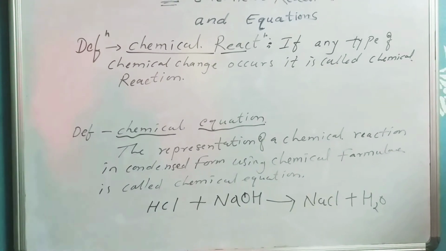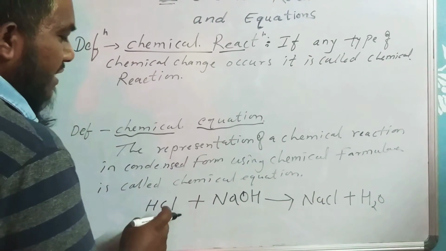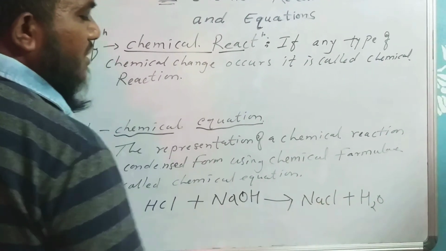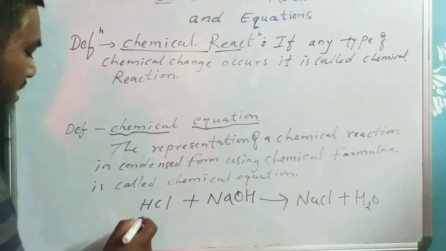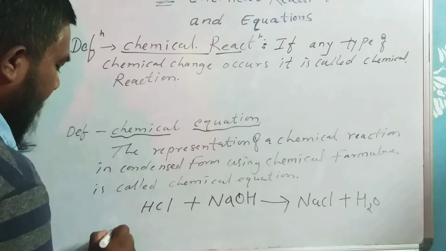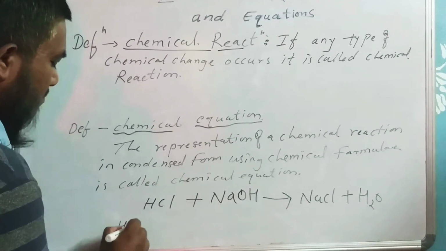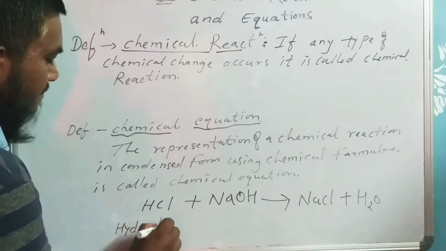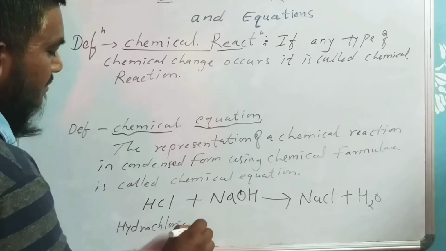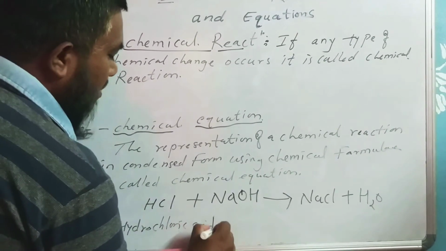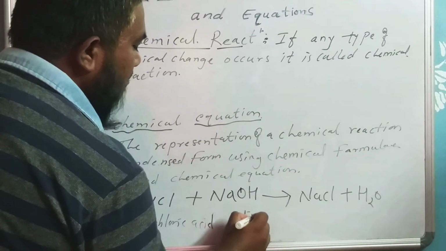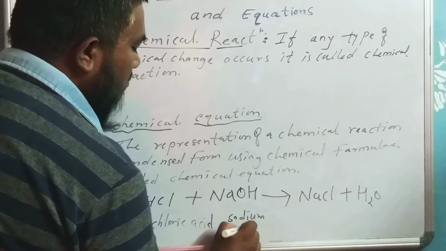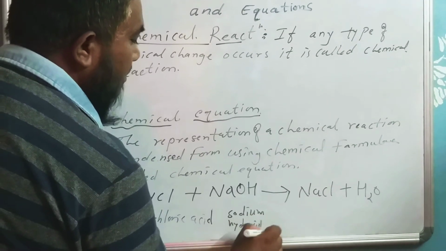This chemical equation is written by using chemical formulas instead of writing the names. HCl has the name hydrochloric acid. NaOH is an alkali, a base, that is sodium hydroxide.